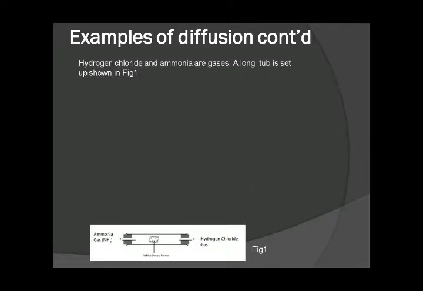So now an example of diffusion in gas. Hydrogen chloride and ammonia gases are placed at opposite ends of a tube. So here is the ammonia gas and here is the hydrogen chloride gas. Let's discuss what happens.